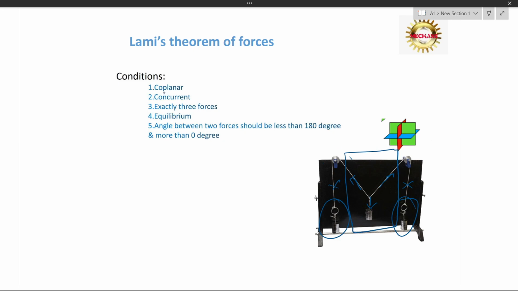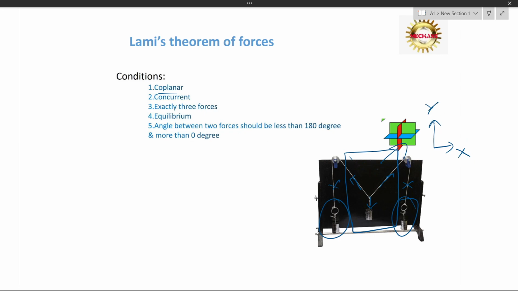The conditions are, first, it should be coplanar. If you consider this figure, all the forces act in this green plane, consider this xy plane. All three forces in this practical setup come under this green plane, that is the xy plane.